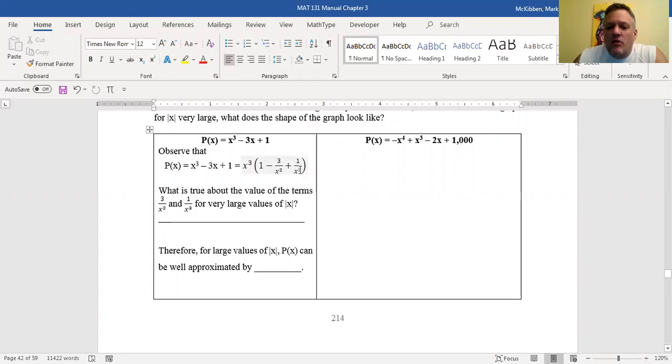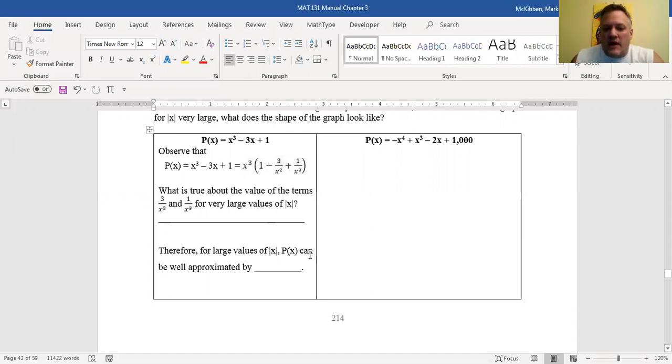They have no impact eventually on the graph of p of x. They become essentially 0, which means that for x very, very large, the graph of p of x really just looks like x cubed, because you're multiplying it by 1 basically.